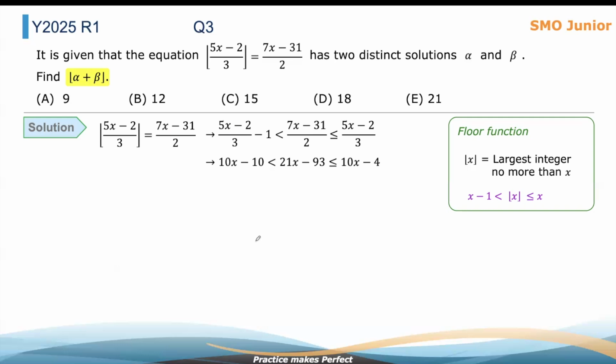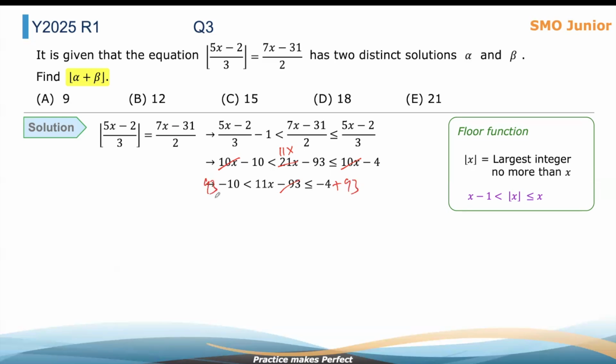Next, we subtract 10x from these 3 parts. So this equals 11x. Then we add 93 to these 3 parts.